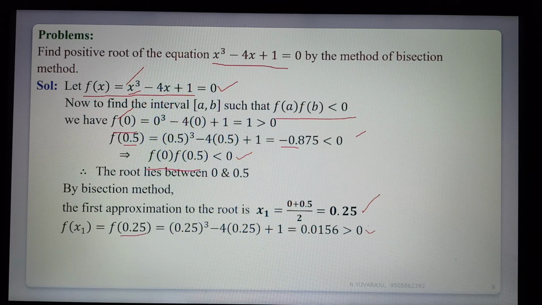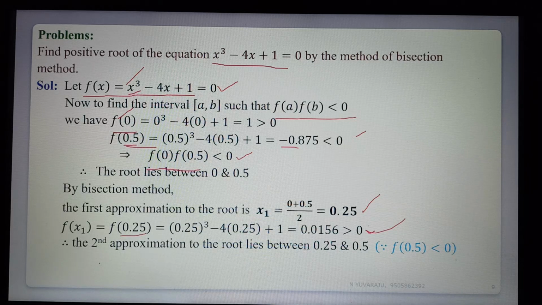So the previous value, f of 0 or f of 0.5, which value is negative? See, f of 0.5 is negative, and f of 0 is positive, and already this is positive here. So the next root lies between 0.25 and 0.5, since f of 0.5 is negative.